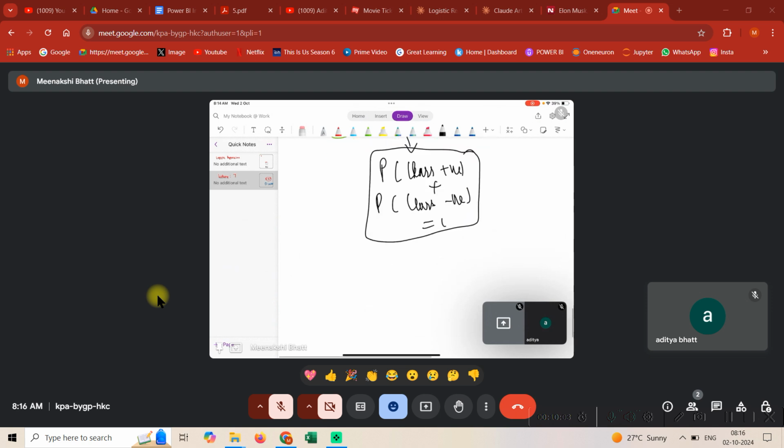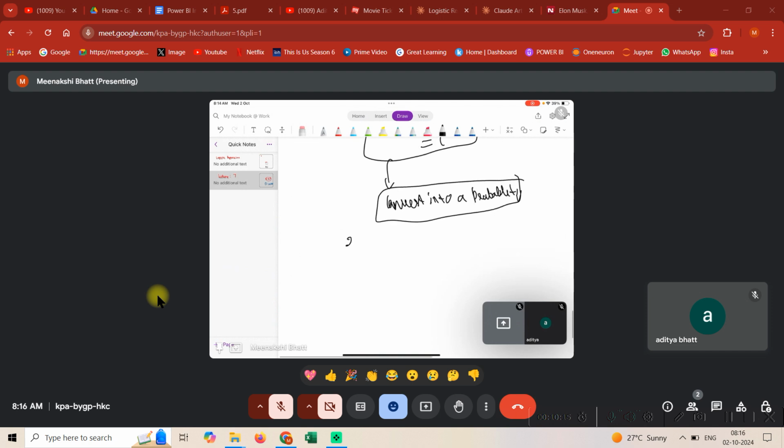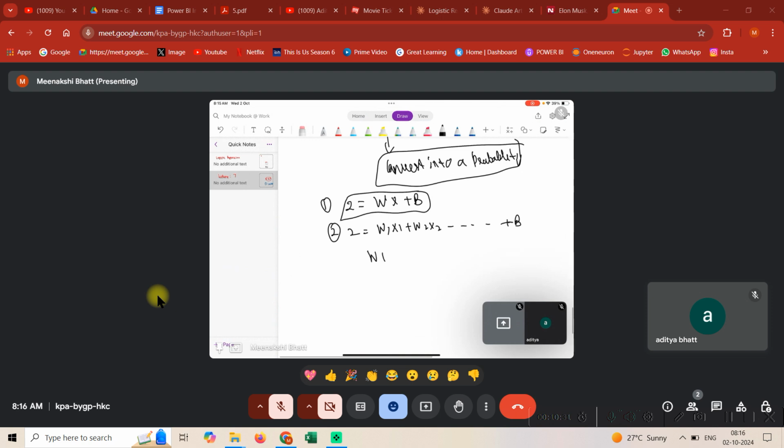So for it to convert into a probability form, because essentially we need to convert it into a probability form, we usually start with z is equal to wx plus b. Number two, we split it out like this: w1 x1, w2 x2 and so on, plus b. Then we compute the value of these things.